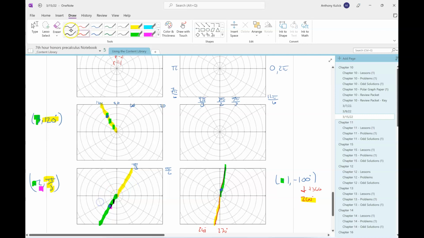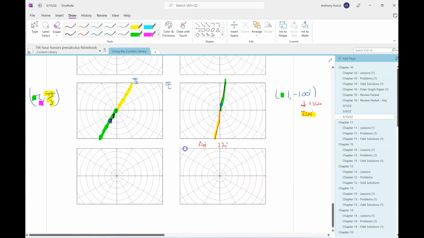Let's formalize the observation we just made into a definition.